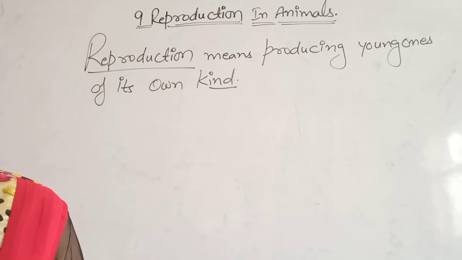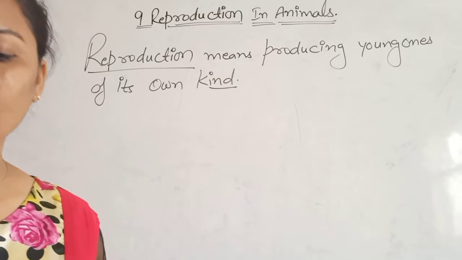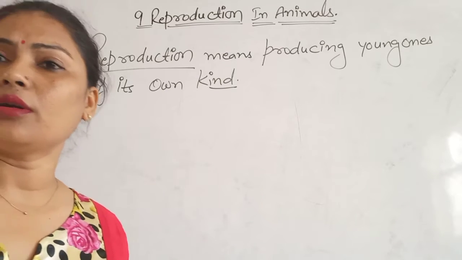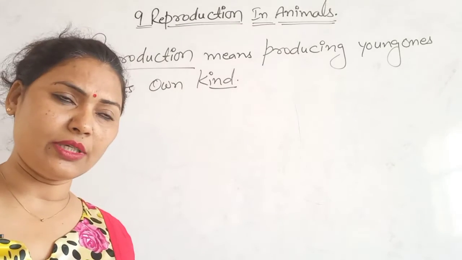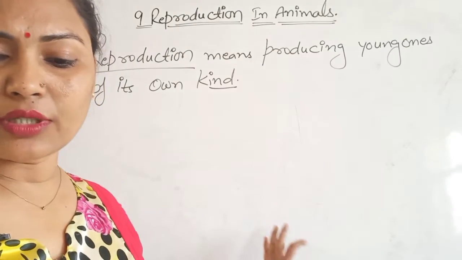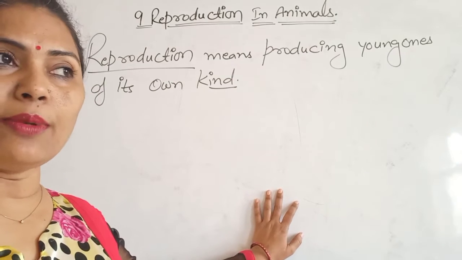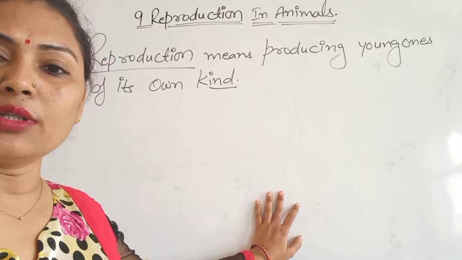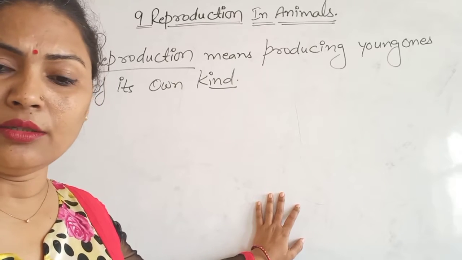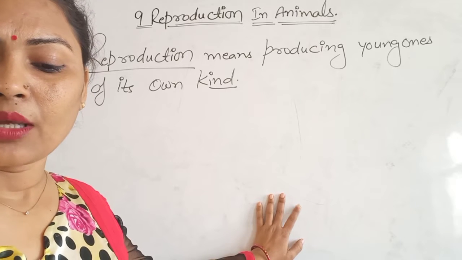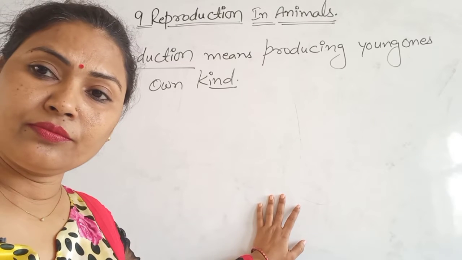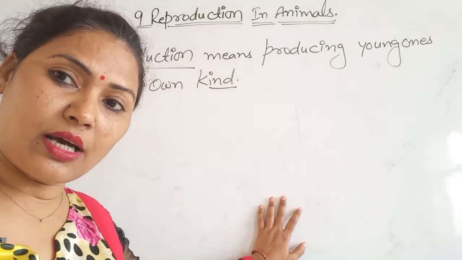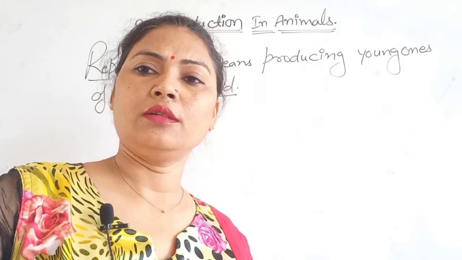Reproduction I have told you. Then zygote: the structure formed by the fusion of male and female gamete. After that, bud: the small bulb-like projection formed on the body of an organism. Like that we can explain the other terms also.